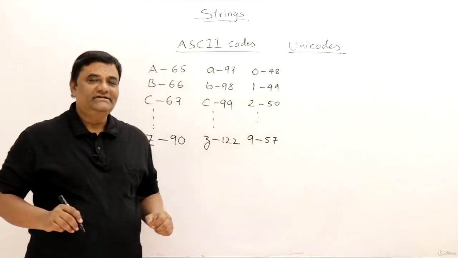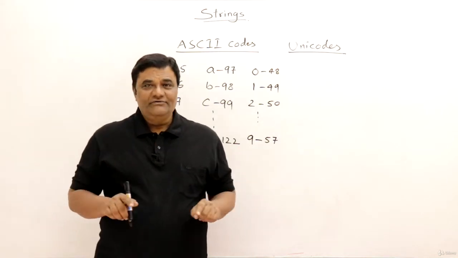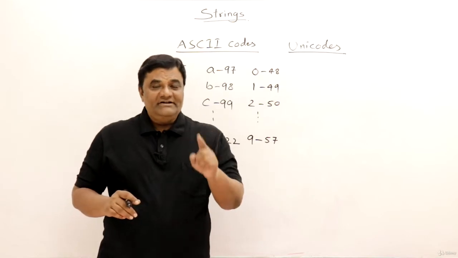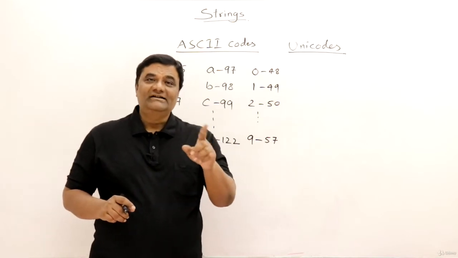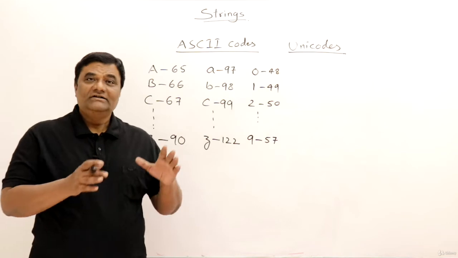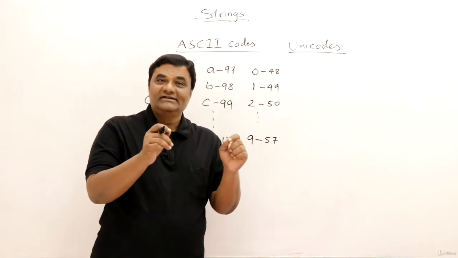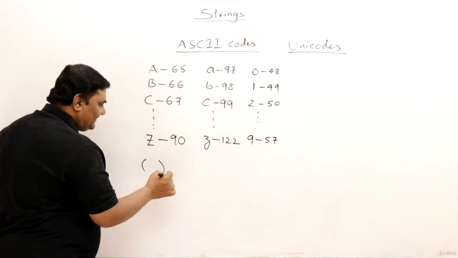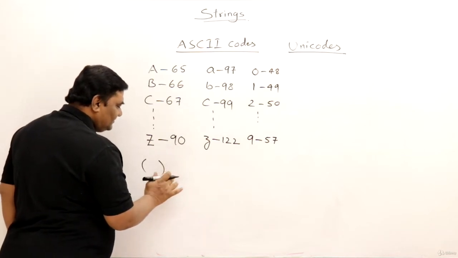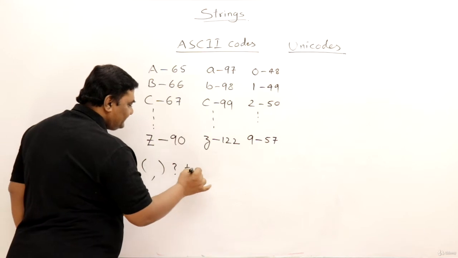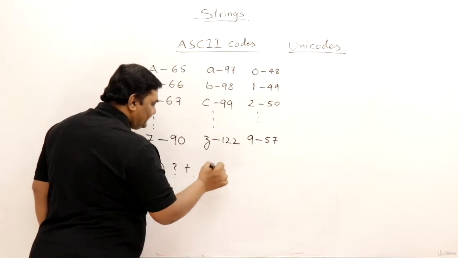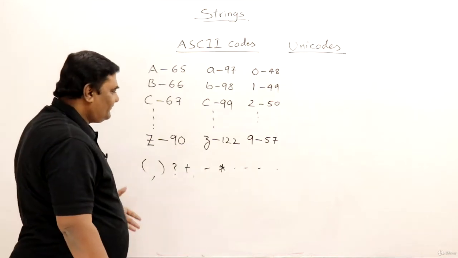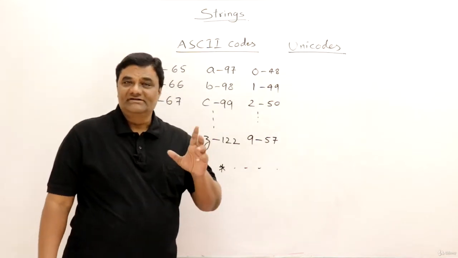Now basically, all the symbols that you find on the keyboard form a character set, and for every symbol on the keyboard there is some ASCII code available. Then there are the other symbols remaining, special characters like opening bracket, closing bracket, comma, question mark, plus, minus and star, and so on. There are many special characters, so for special characters also codes are there.